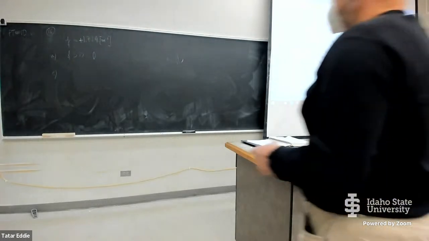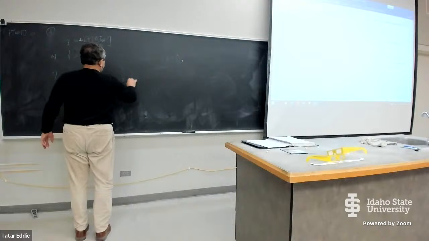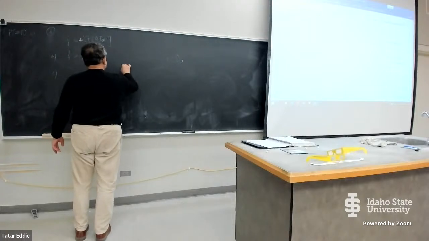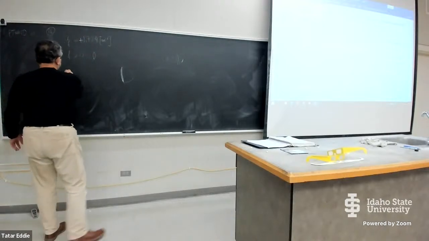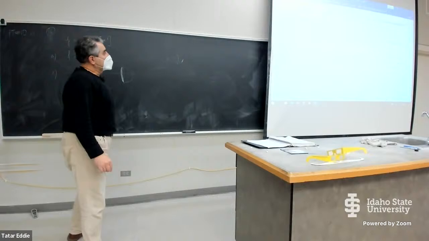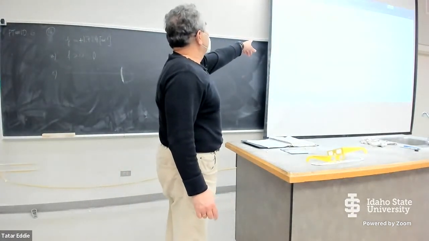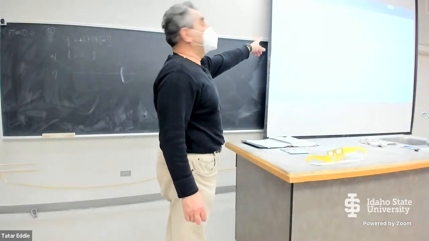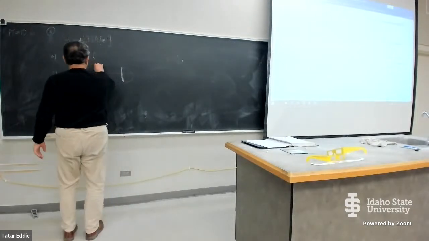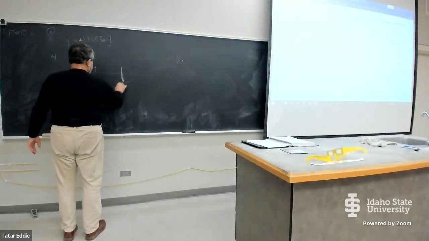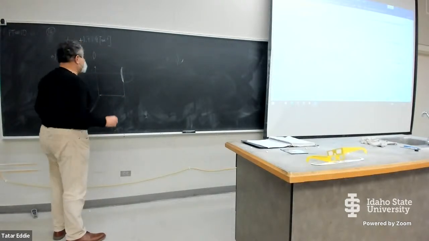In other words, here is the eye of the person together with the contact lens right here on the eye itself. Here is the principal axis. So they are telling you that if you place an object at 29 centimeters, here is the object at 29 centimeters from the eye and also from the contact lens.